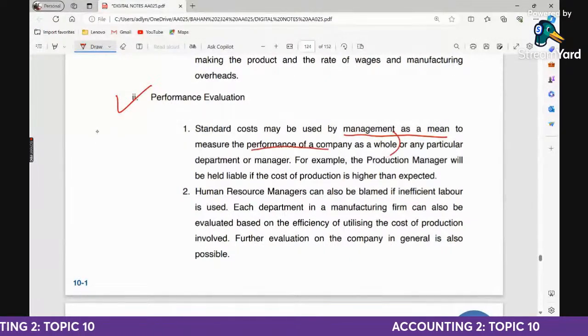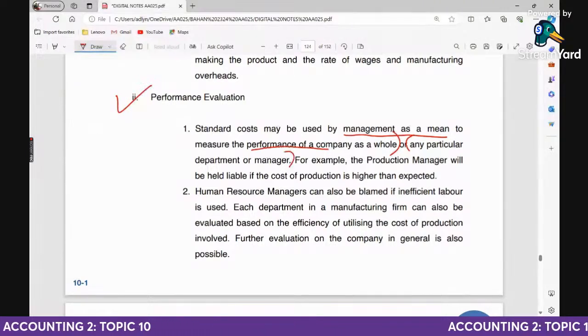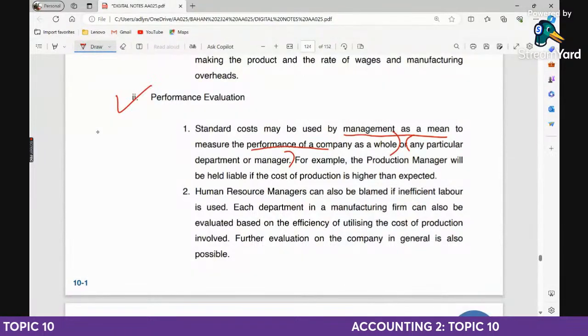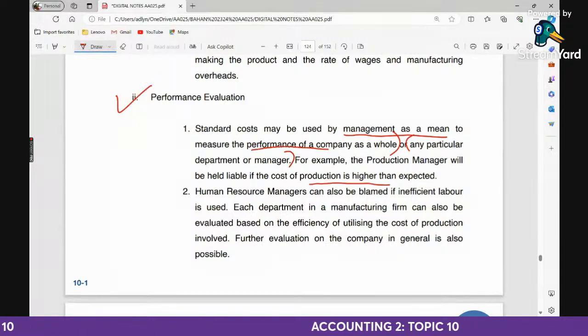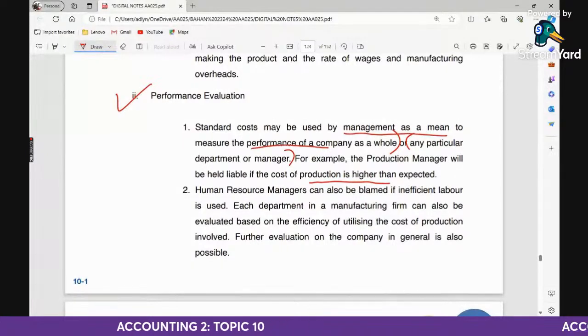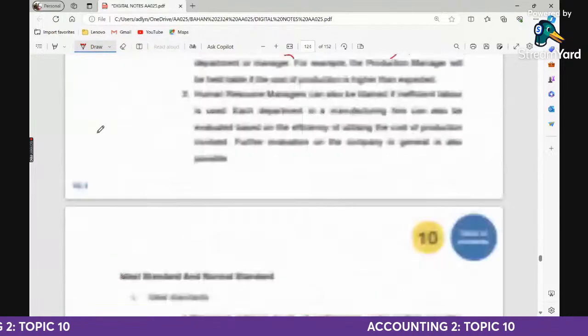So dia boleh buat evaluation untuk keseluruhan ataupun any particular department of managers. For example, production manager will be held liable if the cost of production is higher than they expected. Kita nak tengok sebenarnya sejauh mana keberkesanan managers dalam menentukan costing untuk department masing-masing. So that is the uses of standard costing.